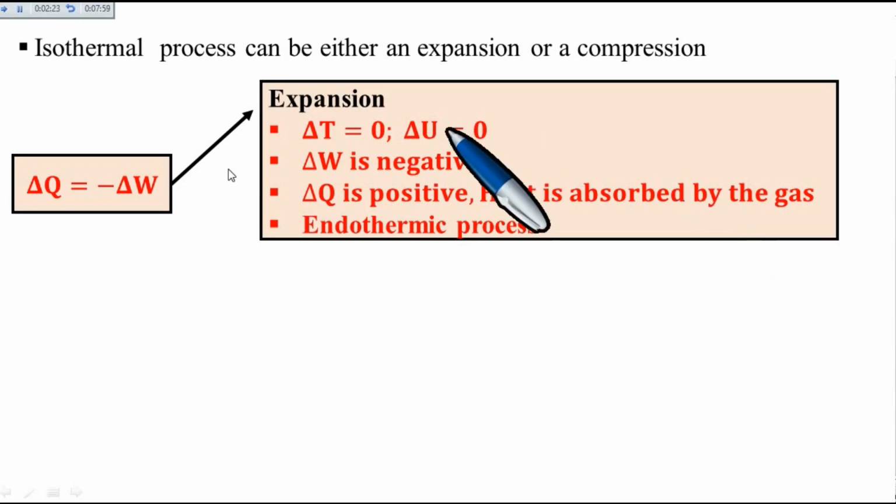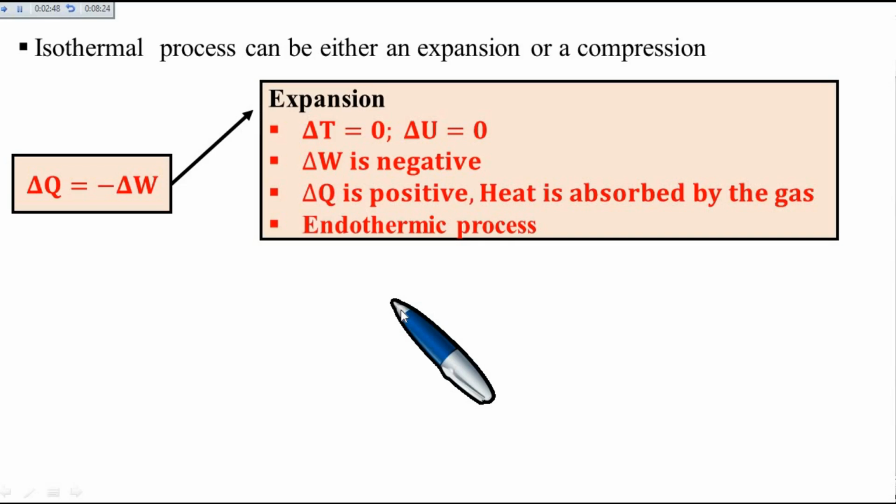And remember, here you have negative PdV. That means here negative. In this case, you have the positive. For an expansion, the dQ must be positive. For expansion, dQ is positive because you have V2, which is higher than V1.